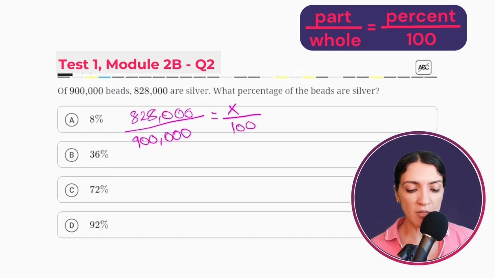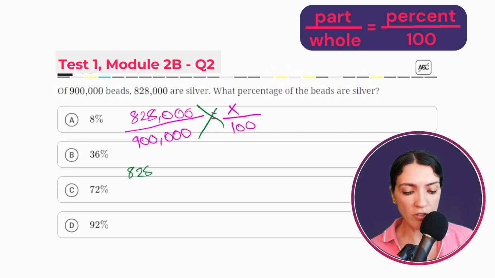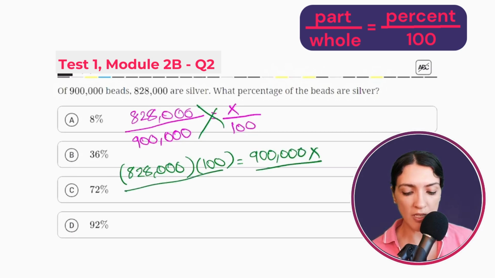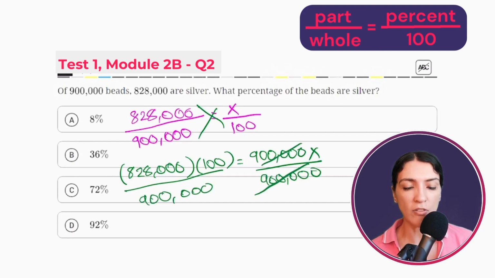We could solve this by cross multiplication, which would give us 828,000 times 100 equals 900,000 times x. And now in order to solve for the unknown, we can divide both sides by 900,000, which if you calculate would give you that x equals 92%, choice D.